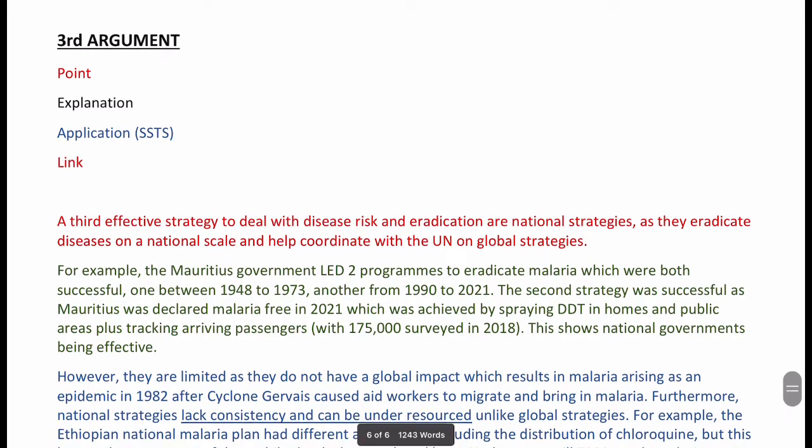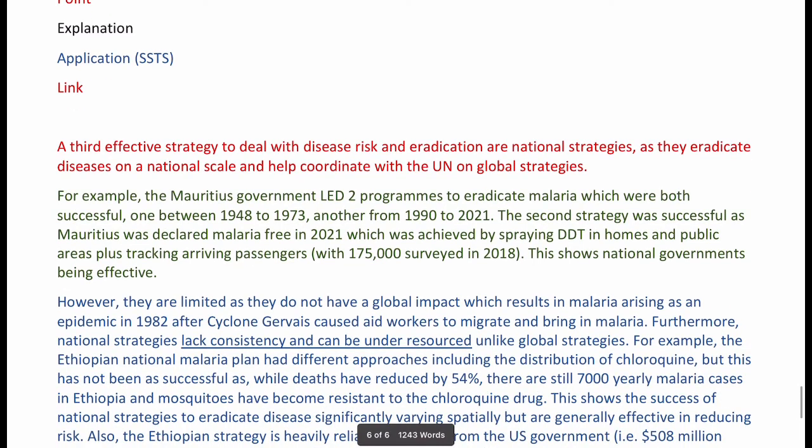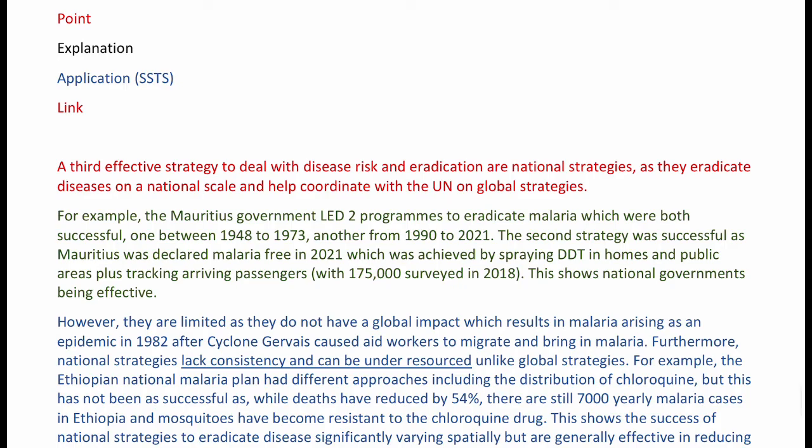Again, for my third argument, I've put the entire argument in one section here just to show you how all this fits together. I've gone for a complex point where I've said that national strategies are effective, especially when they work with the UN. I've then given the example of Mauritius and talked about how they got rid of malaria.